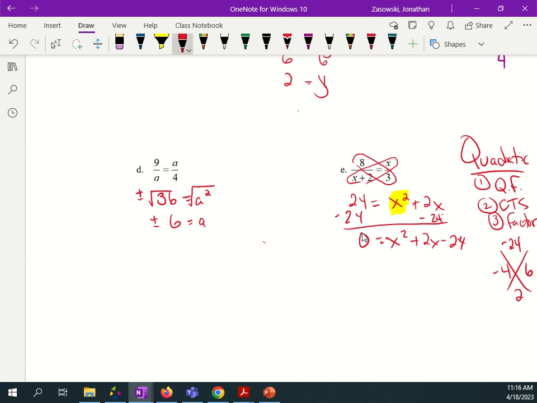So once we do that, we know we're going to break this apart into x, and then the -4 and the +6 fall into our factors. We want to make sure we keep this as equal to 0 because it has to be an equation. And then you could jump right into your solutions, right? If x minus 4 is your factor, the answer is 4, and if x plus 6 is your factor, then the answer is -6.